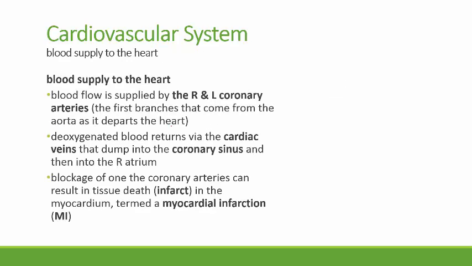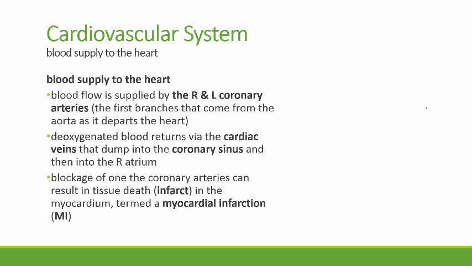Okay, so the blood supply to the heart, it is provided by the coronary circulation. This is our last slide for this part of the lecture. It's supplied by the right and left coronary arteries. They are the first branches that come from the aorta just as it departs the heart. And the blood goes out to capillary beds or capillary networks that are interspersed among all of the cells of the myocardium.